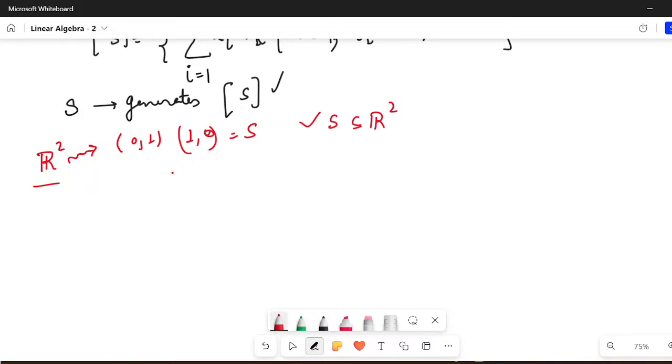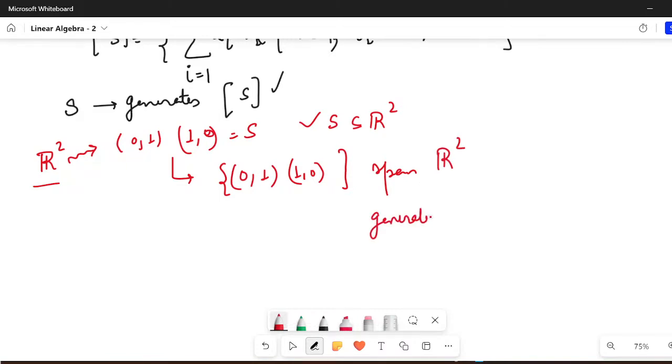So in other words, I can say that my elements 0, 1 and 1, 0 span R square, or I can say they generate the entire R square. And what would be the linear span? Linear span was all the possible linear combinations that you can form with this set S. So they will be what?